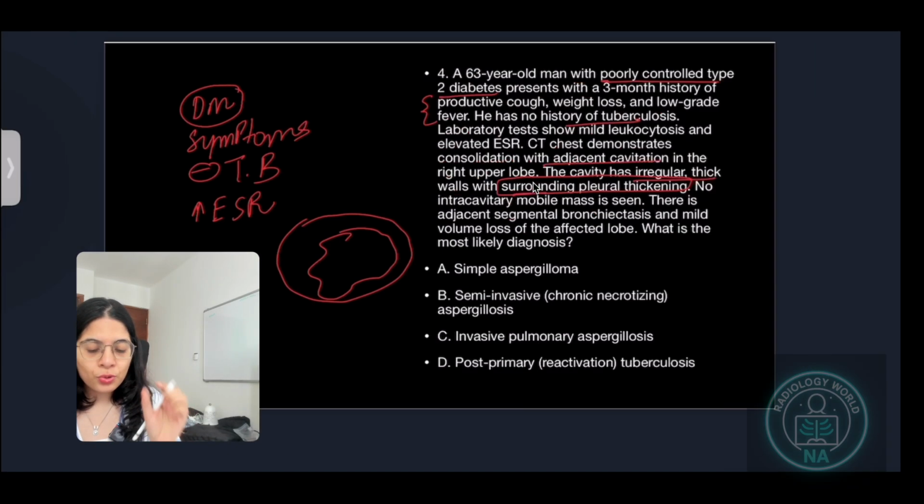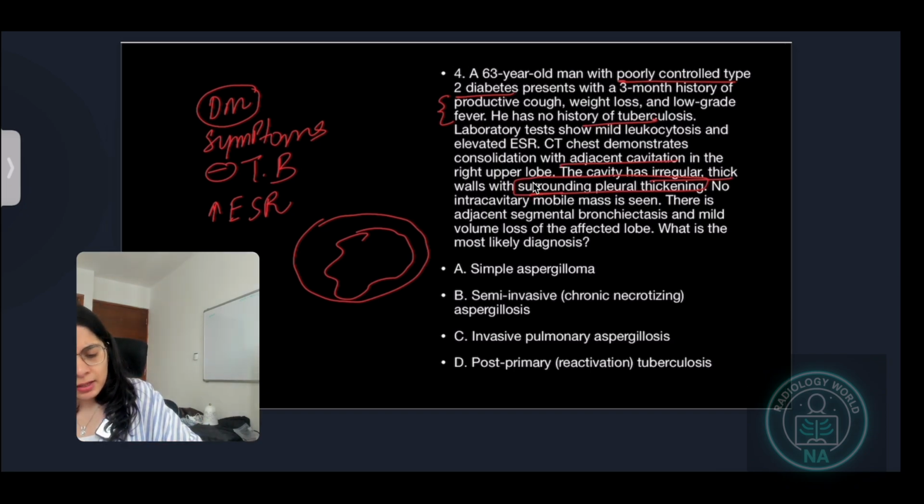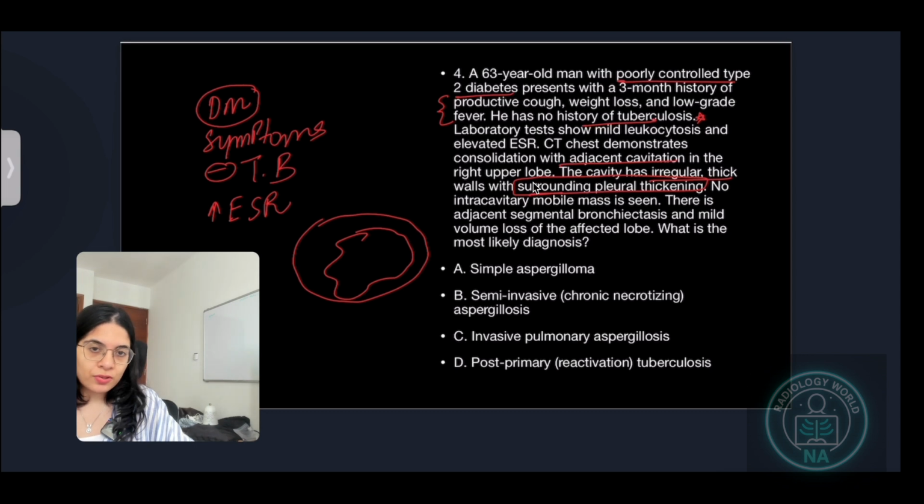So when they show you the keyword of pleural thickening, with this immunocompromised status, and they have clearly ruled out any history of tuberculosis, then it is not simple aspergilloma, because there is no fungal ball, and the patient has symptoms and lowered immunity. But if I talk about invasive pulmonary aspergillosis, can you say that it is invasive?